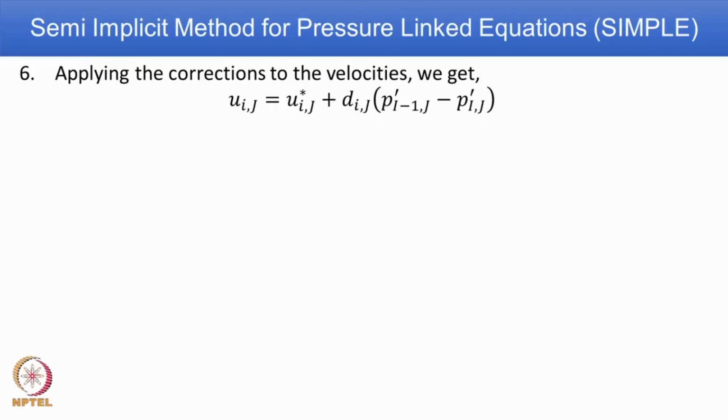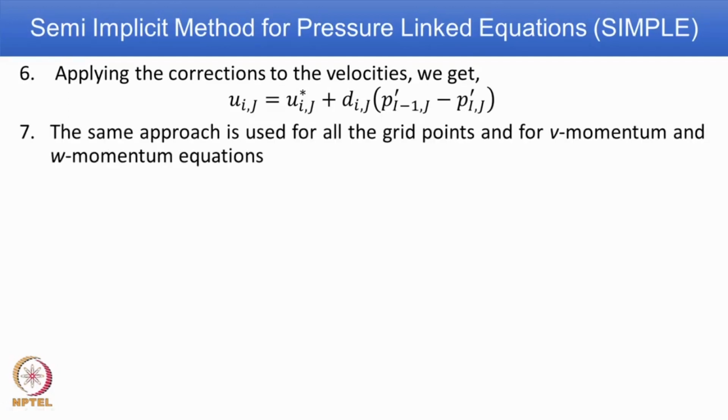Now, we get the corrected velocity as shown here, u i comma j, that is the corrected velocity, equal to the guessed value, that is u star, plus the correction in the velocity as shown here. We follow this procedure for all the grid points and also for velocity components v as well as w.